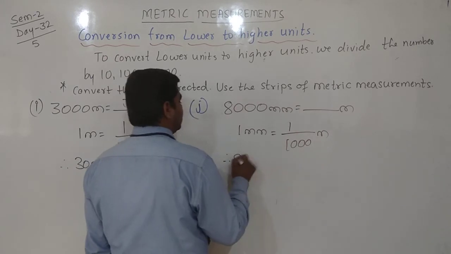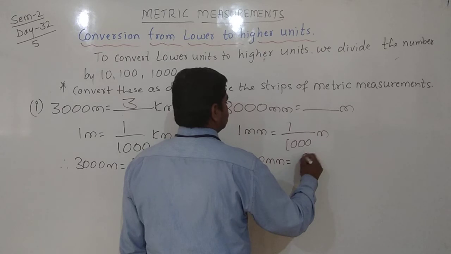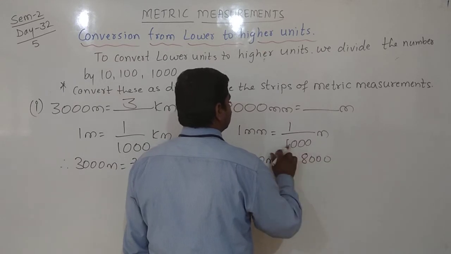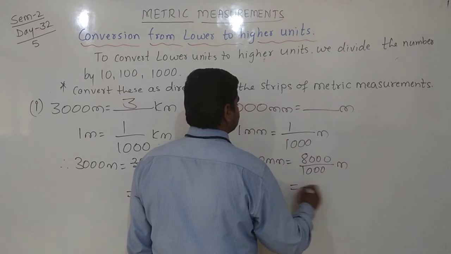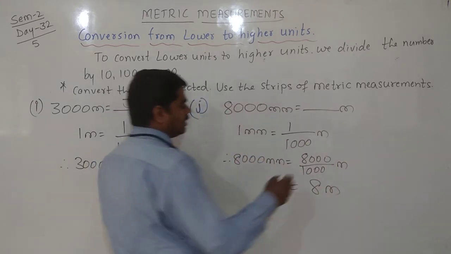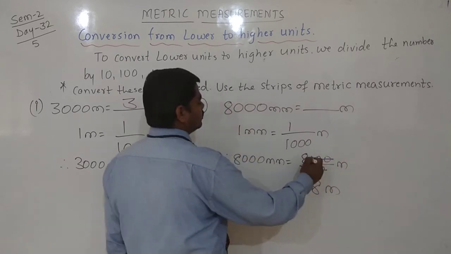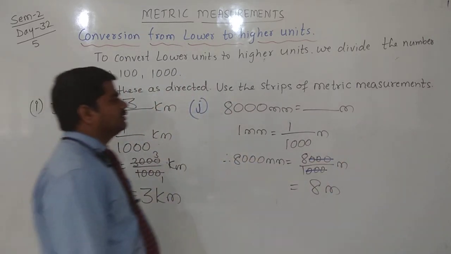Therefore 8000 millimeter is equals to 8000 by 1000, that is in meter. That is 8 meter is the answer. Yes or no? These 3 zeros gone. Only 8 by 1 is 8.